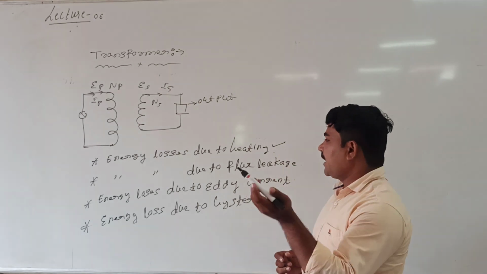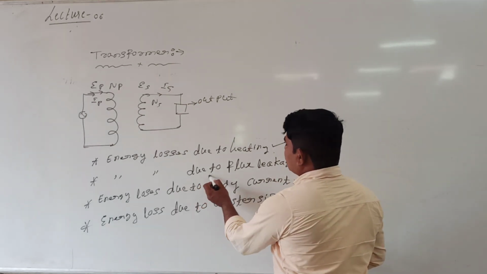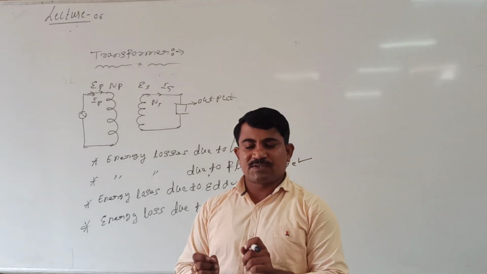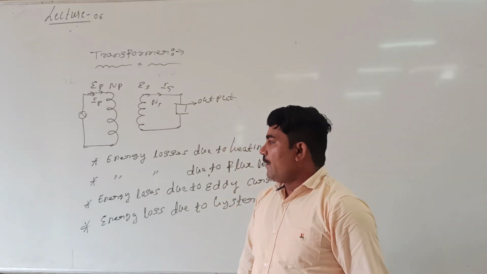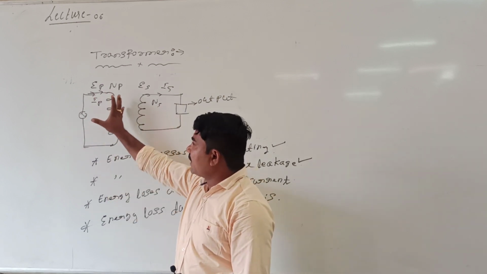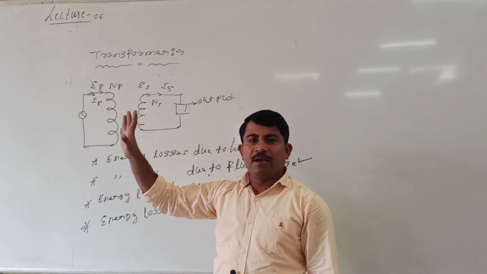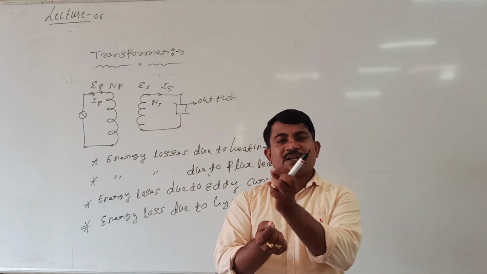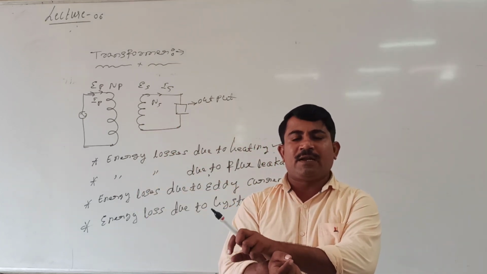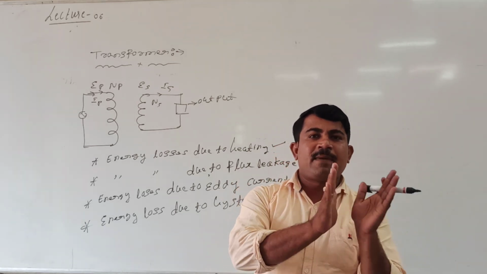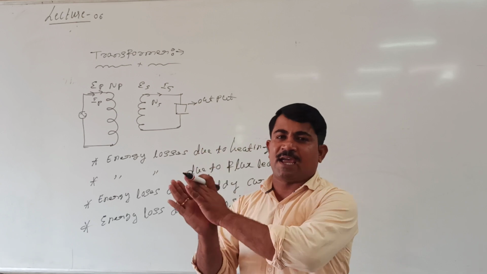Right. Second one, energy losses due to flux leakage. Whenever alternating voltage is applied to the primary coil, magnetic flux linked with the primary coil affects the secondary coil. Whatever magnetic flux is produced by the primary coil, all the magnetic flux doesn't link to the secondary coil. Some magnetic flux can leak into the air.